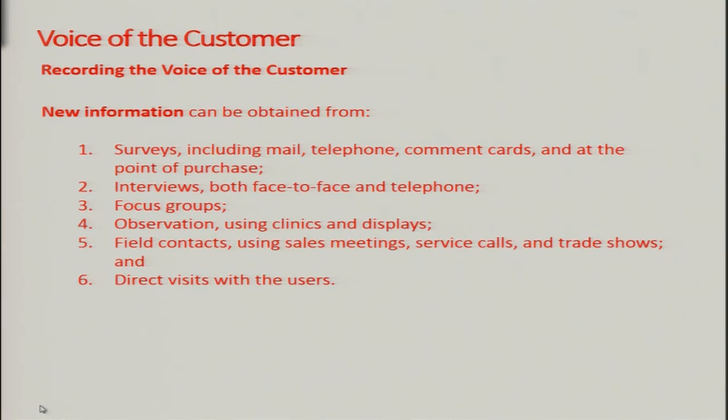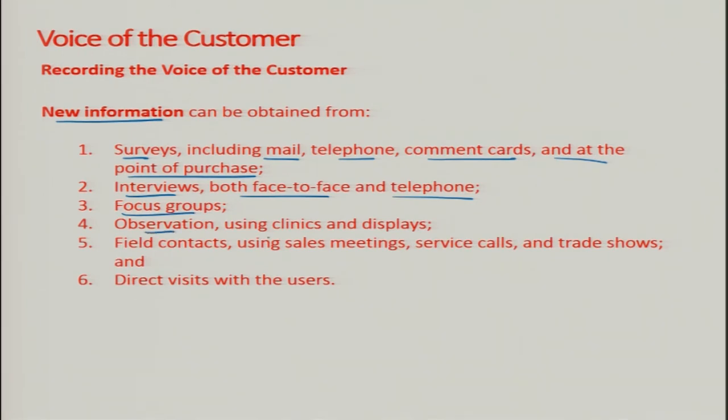Next is new information. New information can be gathered using surveys. Surveys can be done using mail, telephone, comment cards and at the point of purchase. Then interviews both face to face and telephonic. Focus groups of the people who just talk about one product or one feature of the product.